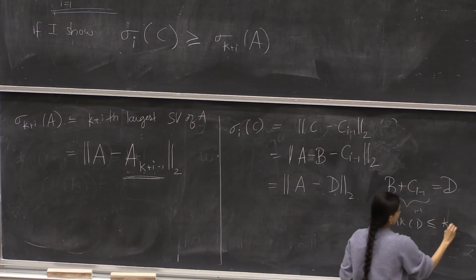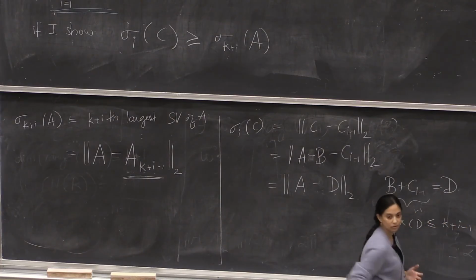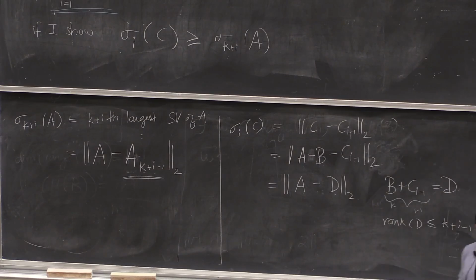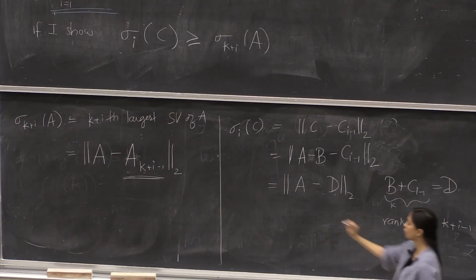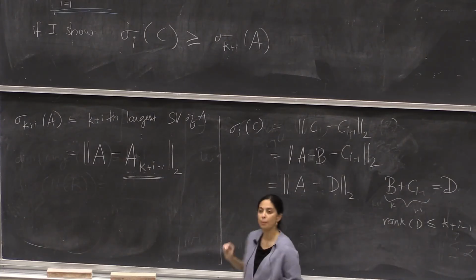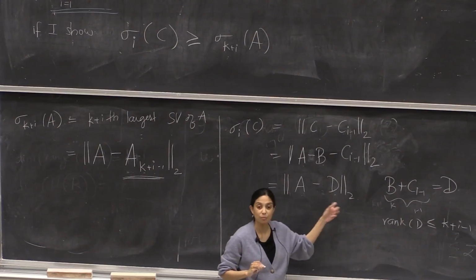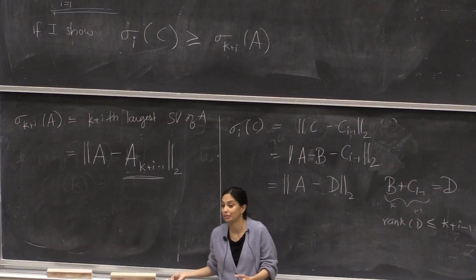It must be at most k plus i minus 1. So now I'm looking at A minus some matrix which is at most rank k plus i minus 1.